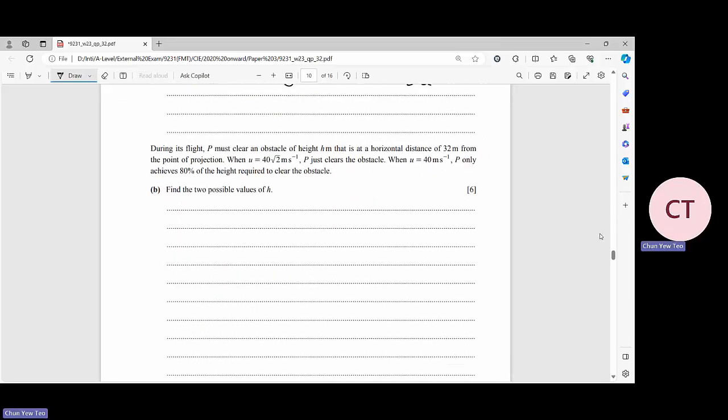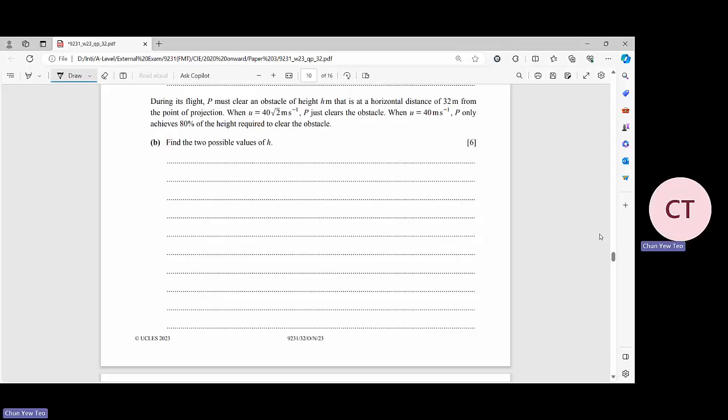Now part B. During the flight, P must clear an obstacle of height h meters at a horizontal distance of 32 meters from the point of projection. The u is 40 root 2. Then P just clears the obstacle, exactly that height, when the speed u is 40 root 2. When u is 40, only 80% of the height required is achieved.